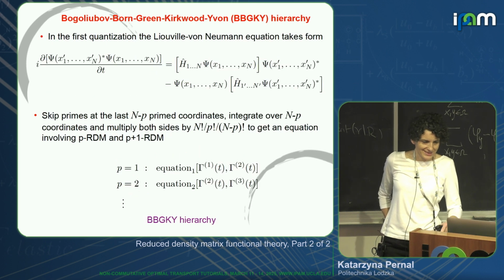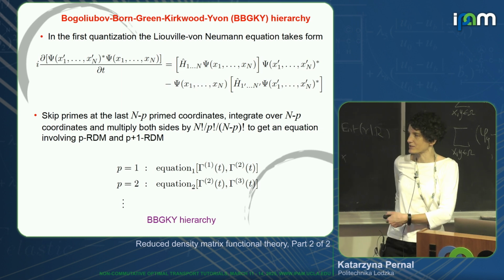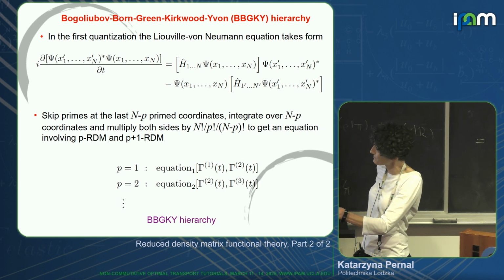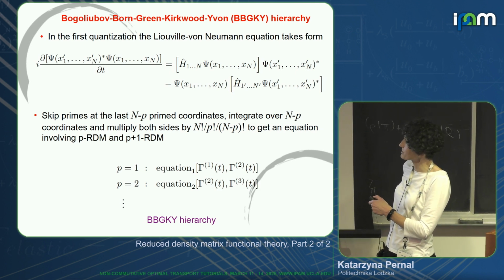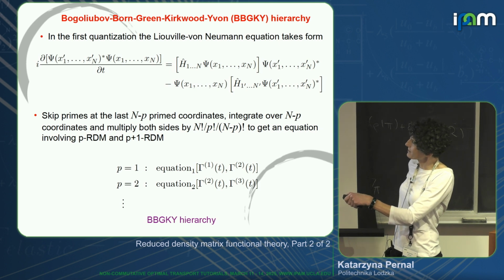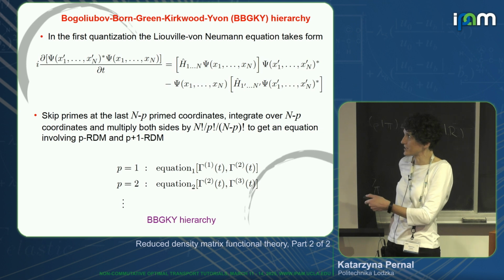Now I will write it in a slightly different way, namely using a position more explicitly, right? Using position representation of the wave functions or states. And this is only for a pure state. So we have just one wave function here. And as always, I would assume that the wave function depends on n. It's an n-electron wave function, right, in general.